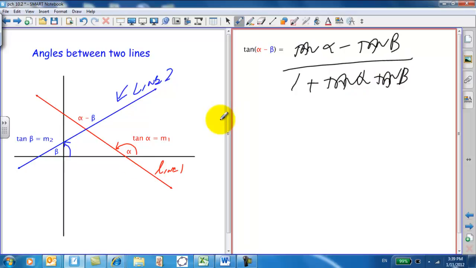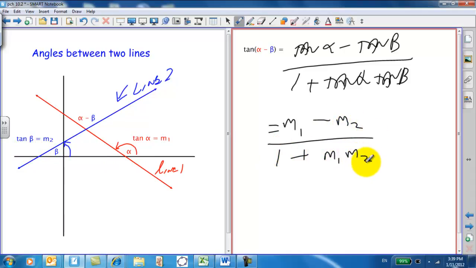We just talked about how tan alpha was equal to m2, slope 2, and tan beta is slope 1. So the tangent of alpha minus beta is equal to slope 2 minus slope 1 all over 1 plus m1 times m2.